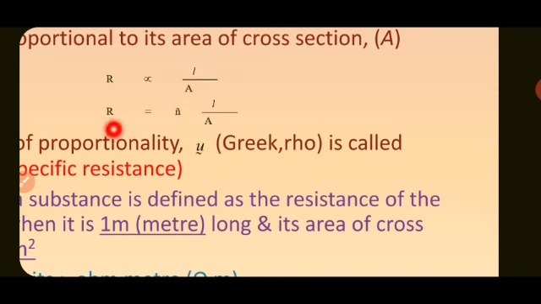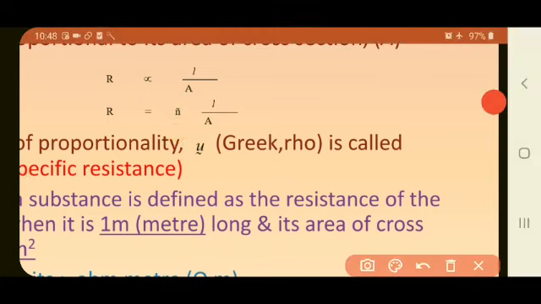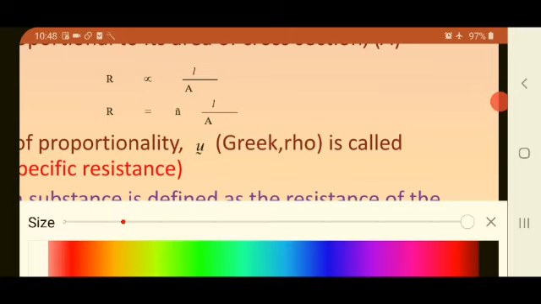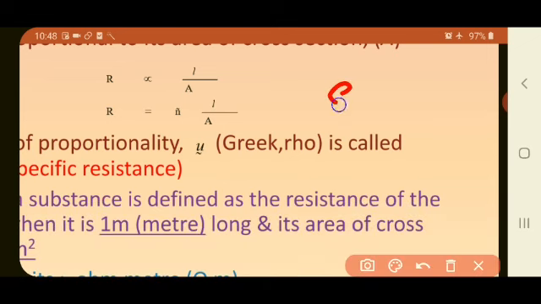Then what is R? If we remove this proportionality sign, we should take a constant. Now this constant is considered as rho. This symbol is a little bit changed; I will show you what the proper symbol is. The proper symbol is like this, rho.